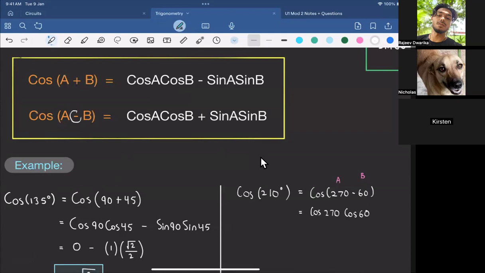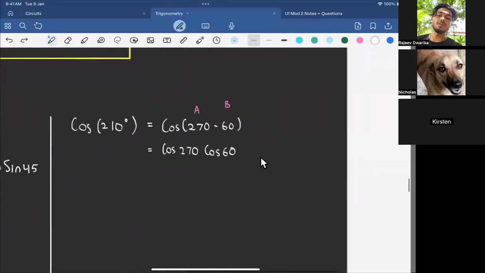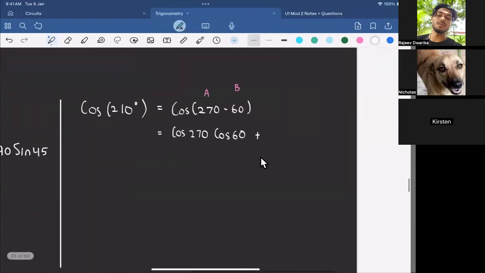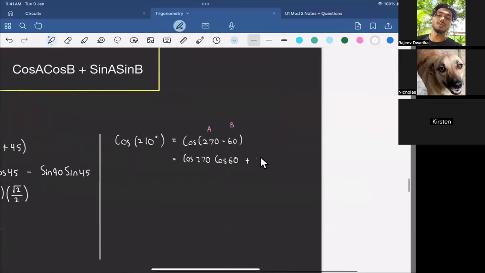Nicholas, you notice when it's a negative, it's positive in the middle. Just be careful of that. So cos 210, that's 270 minus 60, which means I have to add sine in the middle. So cos 270 cos 60, plus sine A, A is 270, sine 270, B is 60, sine 60, right?